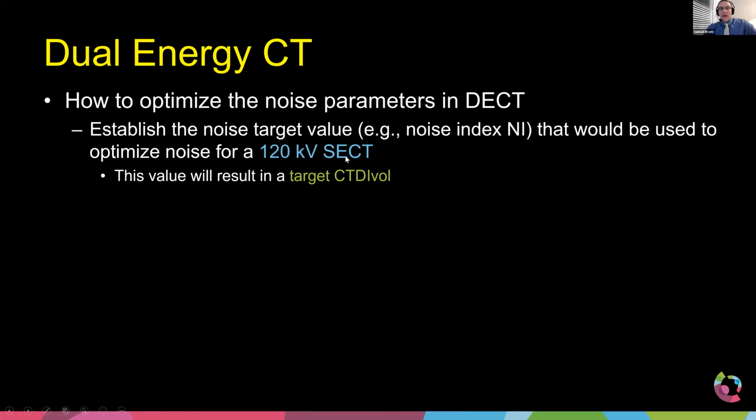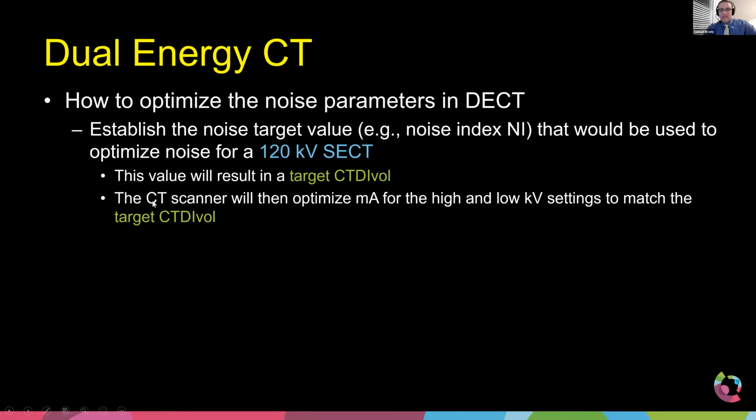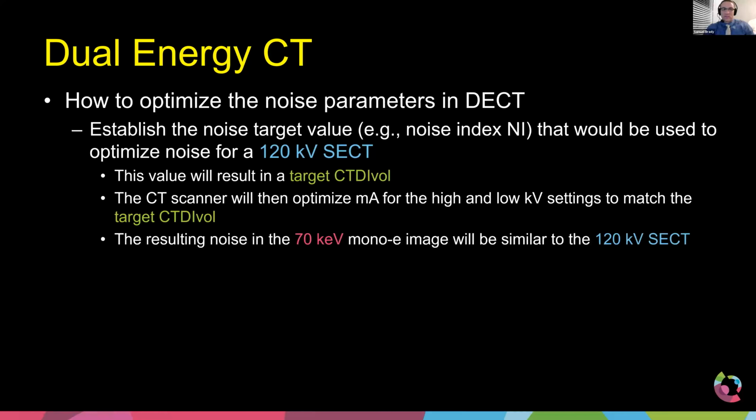And then the system will calculate what that volume CTDI would be for that noise index. When you turn on the dual energy, the system will then optimize the right amount of mA for the low and the high setting, doing its best to match that same volume CTDI. So it's trying to keep the dose, quote unquote, output the same between the two spectra.